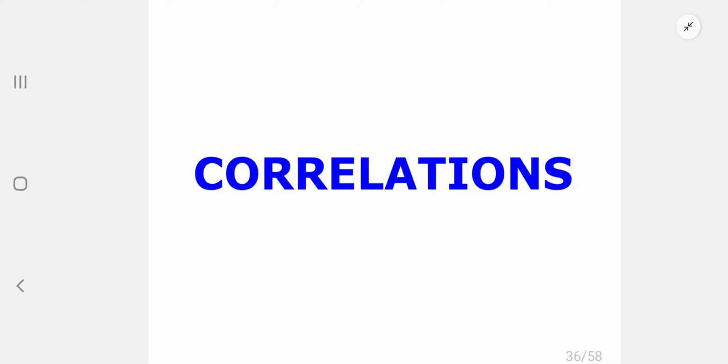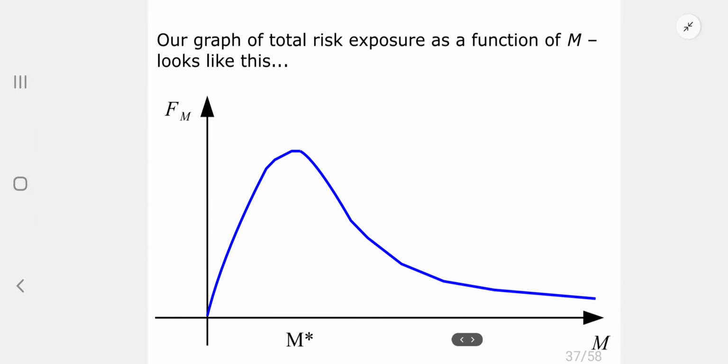Correlations. Our graph of total risk exposure as a function of M looks like this.